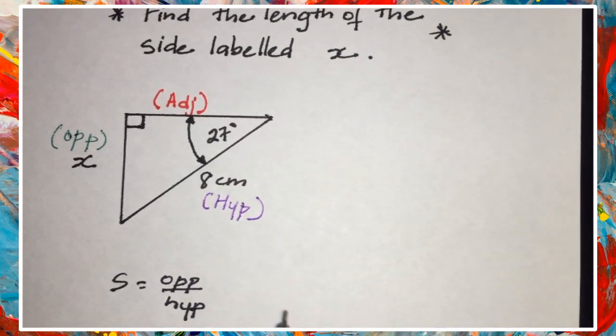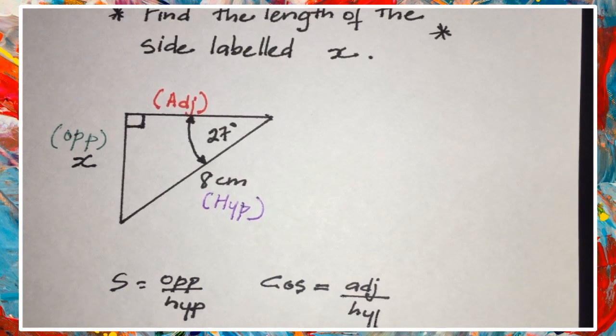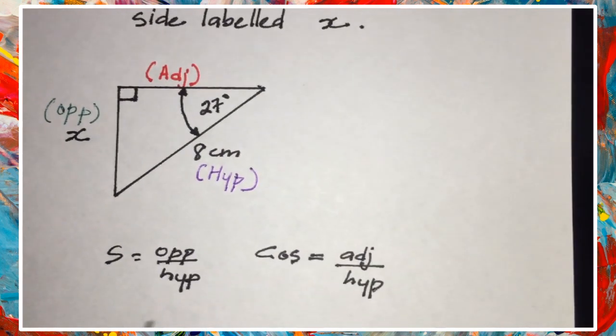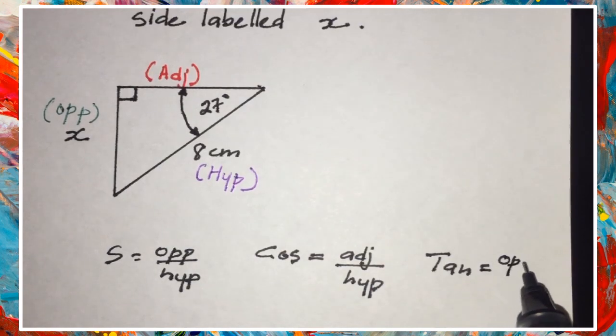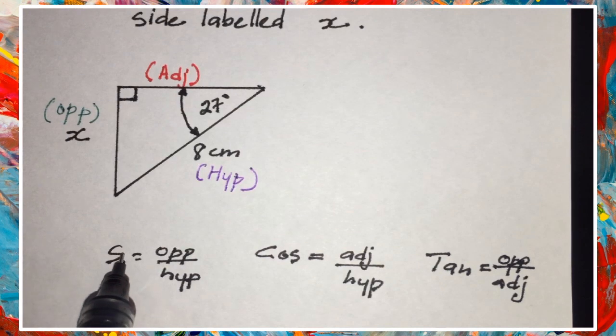We have cosine, or cos, which is just the adjacent divided by the hypotenuse. And we have tan, which is the opposite divided by the adjacent.